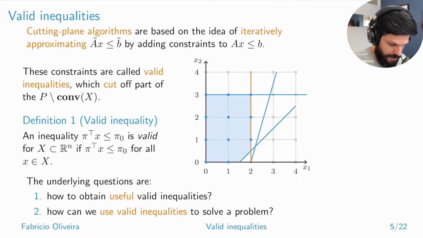So if you come up with something, say, that looks like so, or, you know, perhaps like so, this is not a valid inequality because it's cutting out this feasible solution. And it has to be such that the inequality is satisfied by all points in X. Okay, so a valid inequality cannot cut off points from the original feasible set.